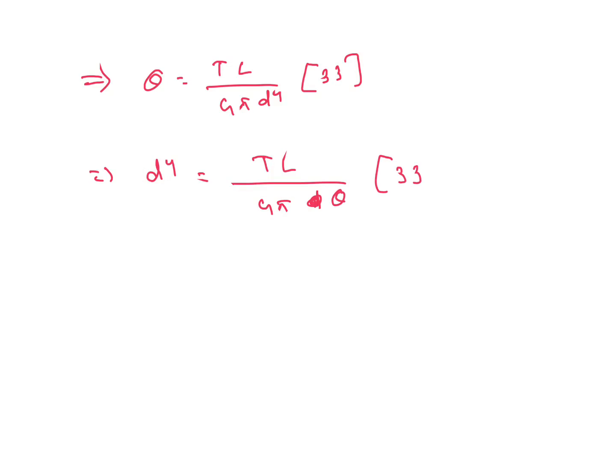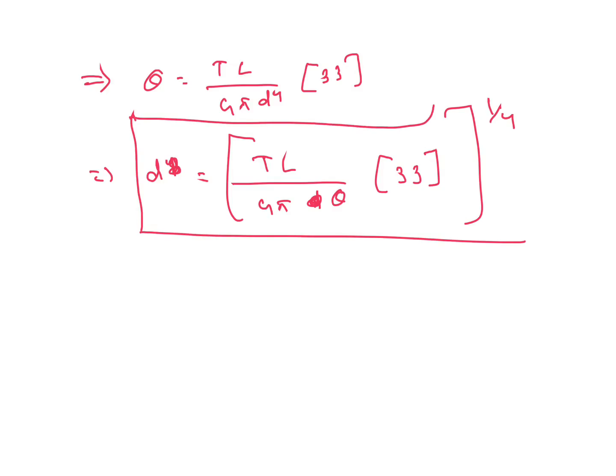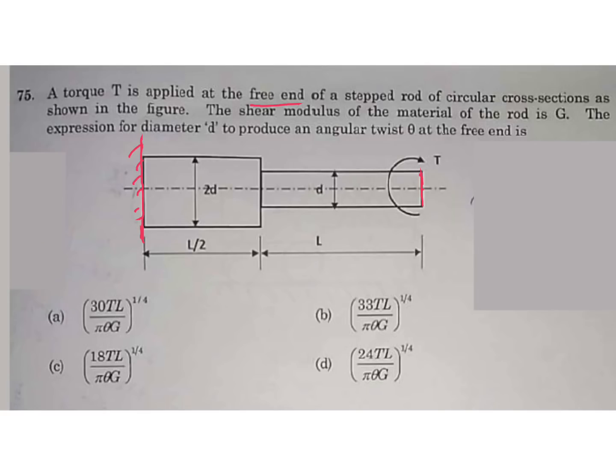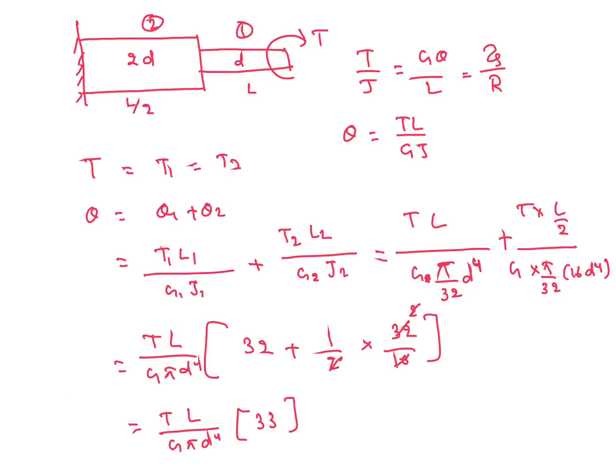This is our answer. Answer is B. This is series condition. So you have to remember series formula, shaft in series, T value and theta value, and this formula also you have to remember.